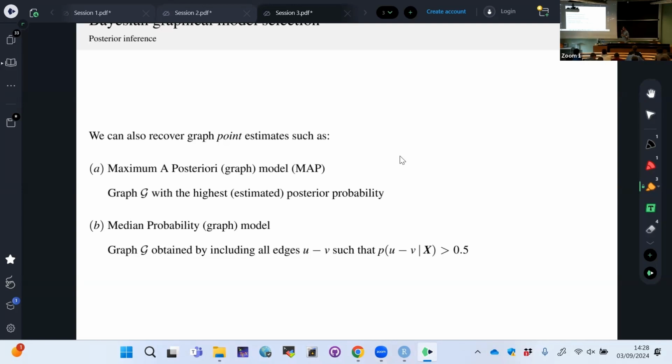Okay, so basically this is the graph containing a link between U and V if and only if the probability of inclusion of that link is greater than 50%. Okay, and we call this median probability graph DAG or UG model.